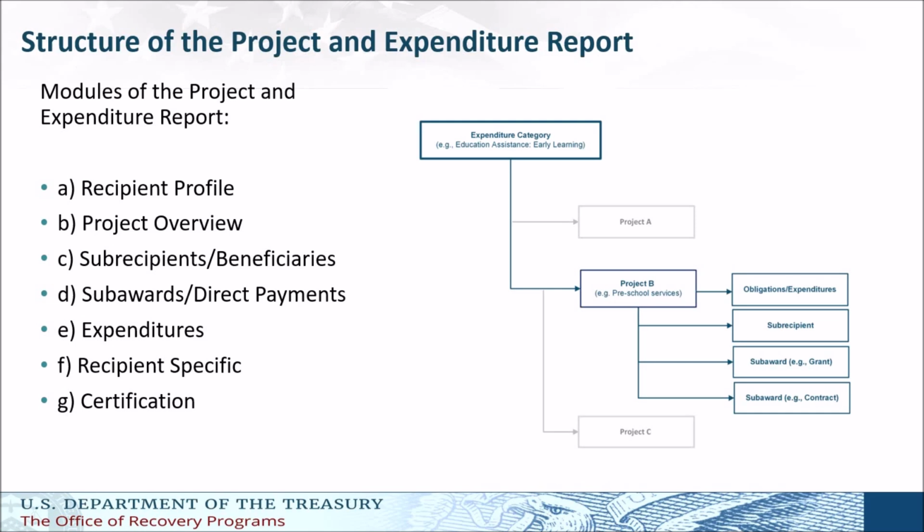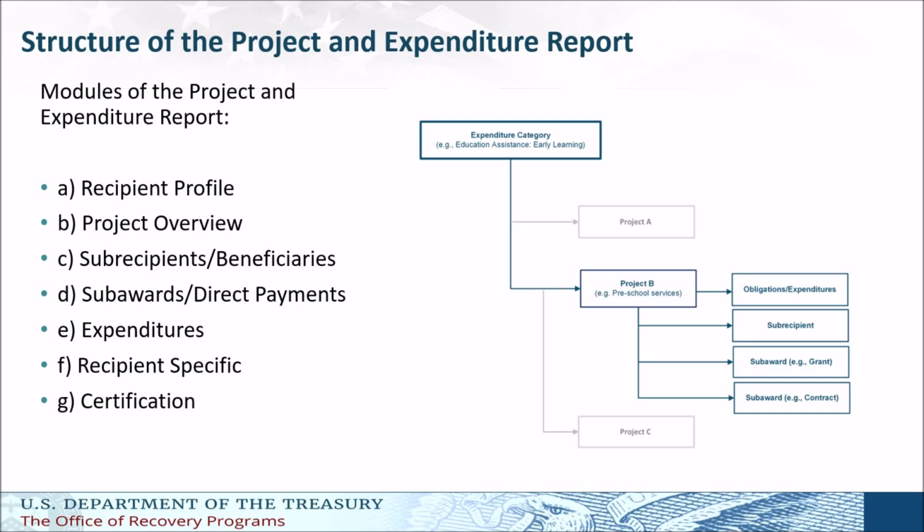Depending on the expenditure category that is associated with each project, there may also be additional programmatic data points required. If you are not sure about what expenditure categories apply to your projects, please review Appendix A of the Compliance Reporting Guidance.